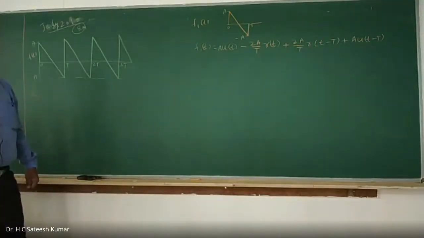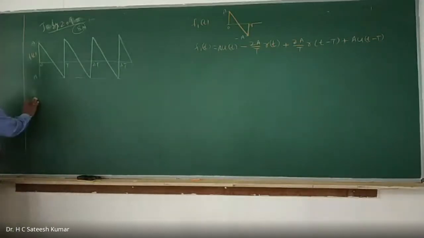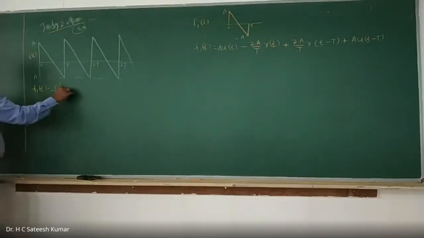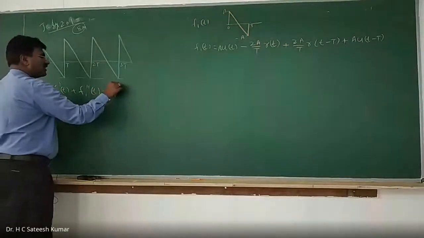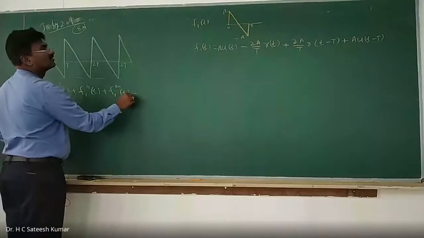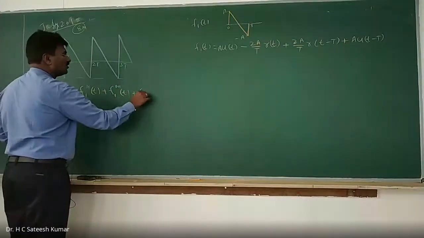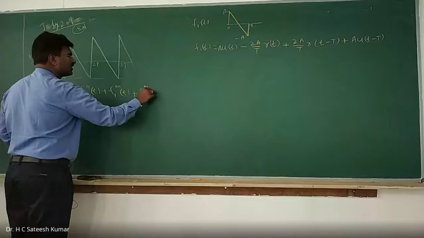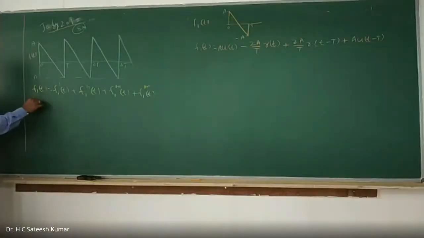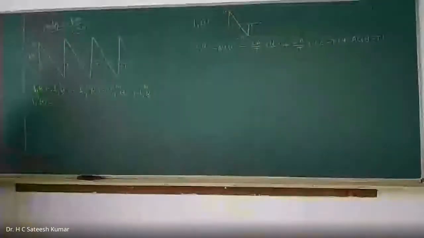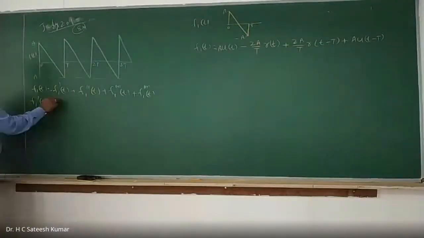Okay, right. So now what is that I can write it? I'll go back and rebuild from the beginning. So let f1 of t be equal to f1 dash of t plus f1 double dash of t plus f1 triple dash of t plus f1 4 dash of t. f1 dash of t is equal to a into u of t.